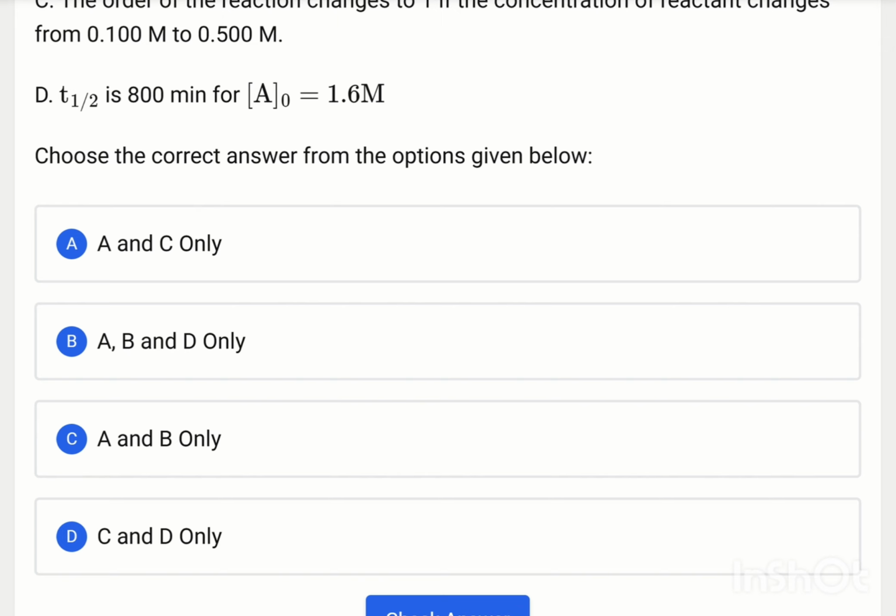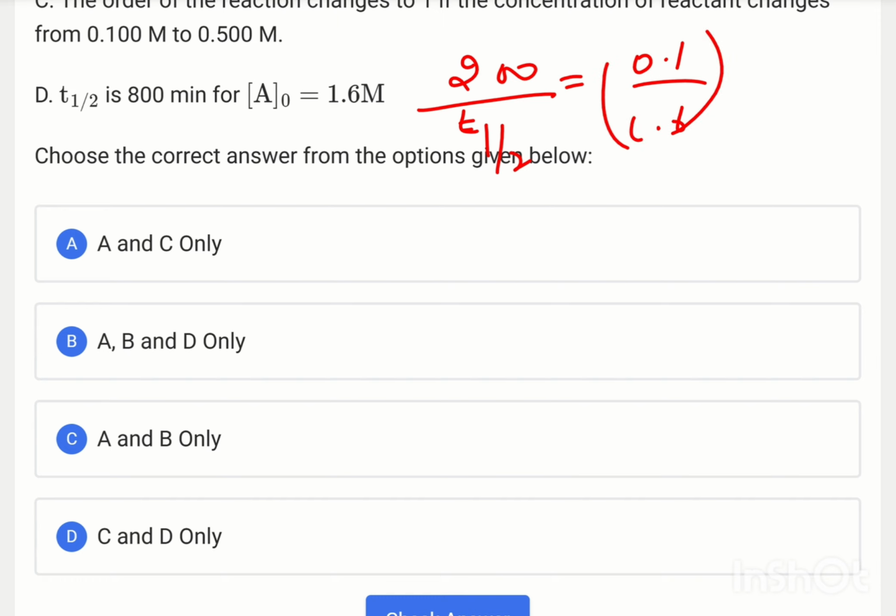What is D? T half is 800. Okay, let us check D. So D becomes 200 upon T half is equal to 0.1 upon 1.6 raised to power 1 by 2. So 1.6 into 2.